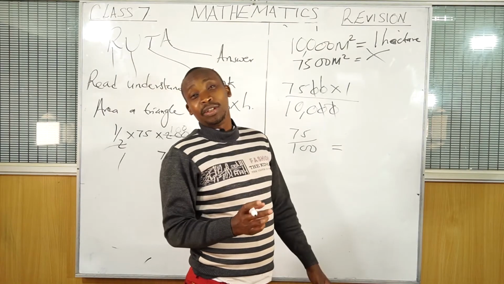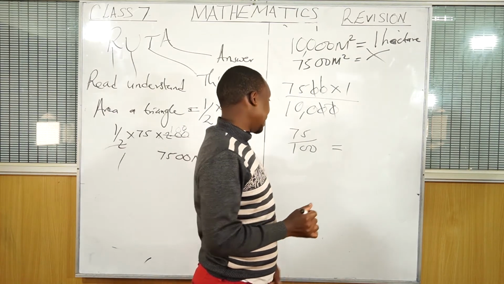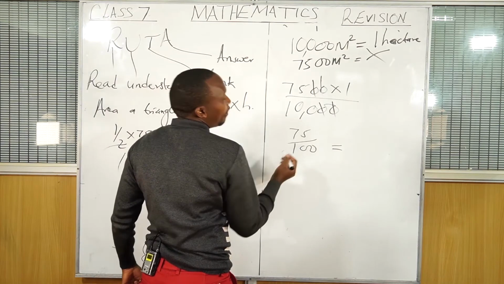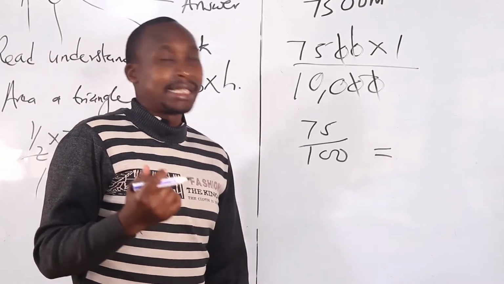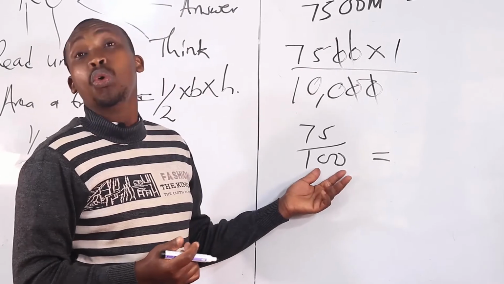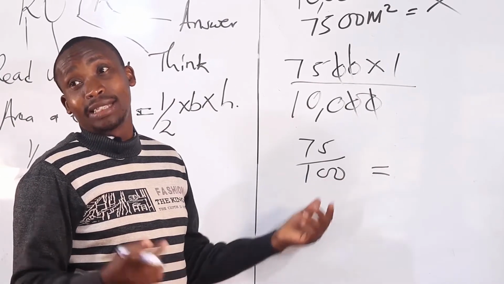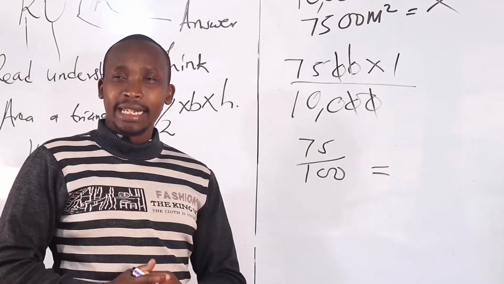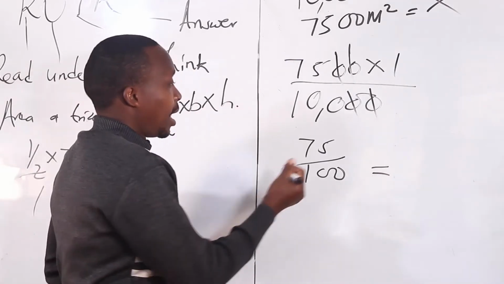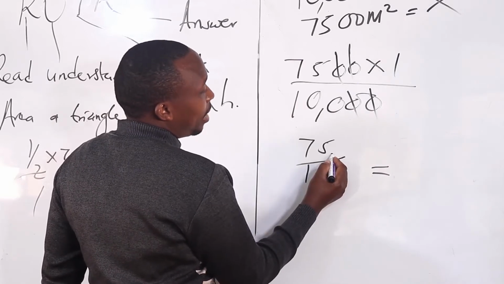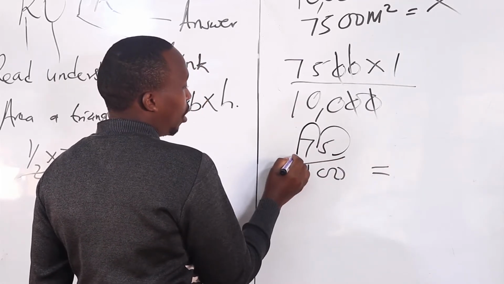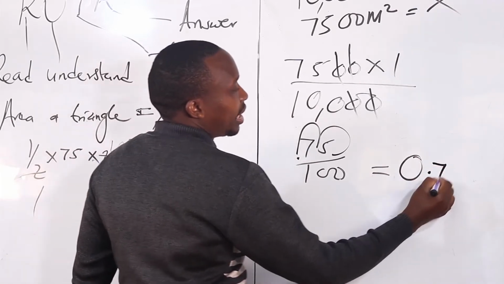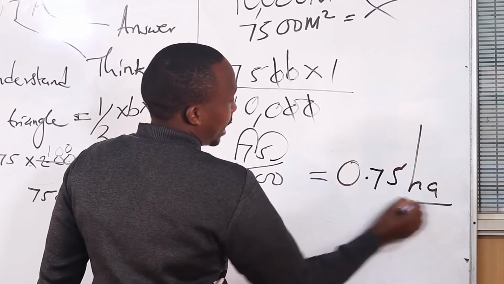How has that person arrived at that answer? You say 75, you jump how many steps? You jump 2 steps because 100 has 2 zeros. If it was 1,000 it has 3 zeros, you jump 3 times. Now we jump 2 times. So our decimal arrives there, and our answer becomes 0.75 hectares.